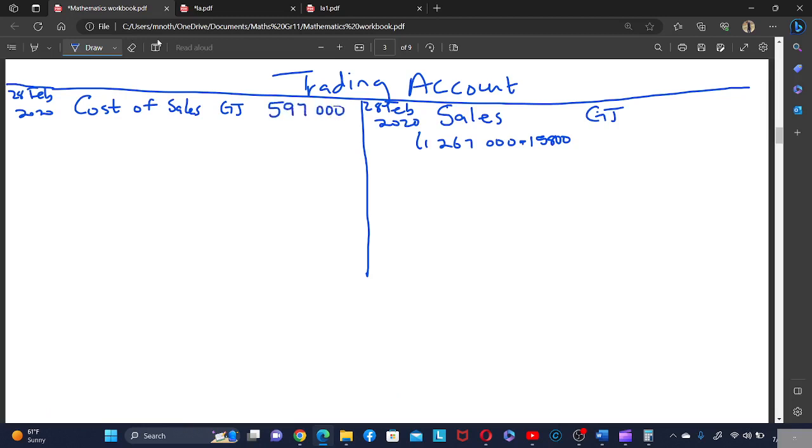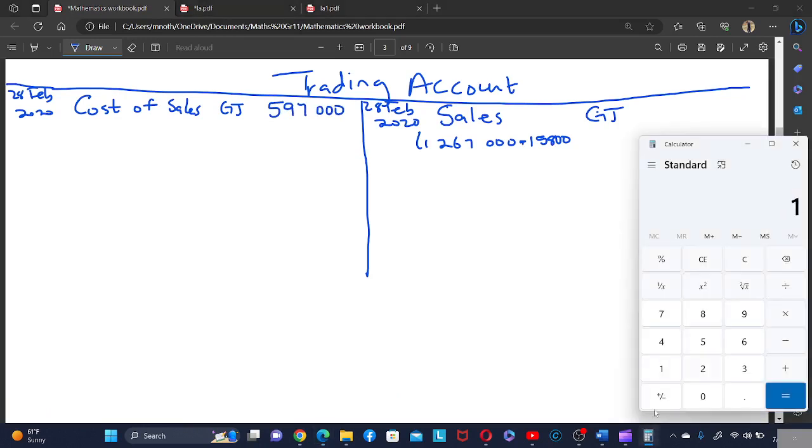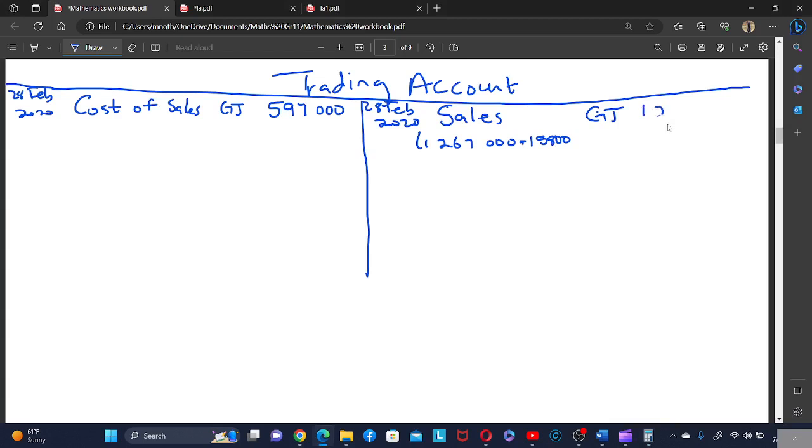Okay, now let's find the difference between the two. 1,297,000 minus 15,800. So this is going to give you 1,281,200.